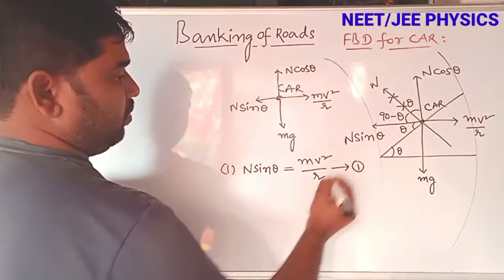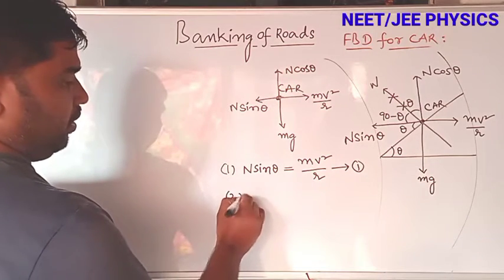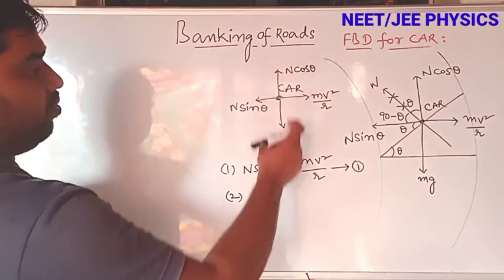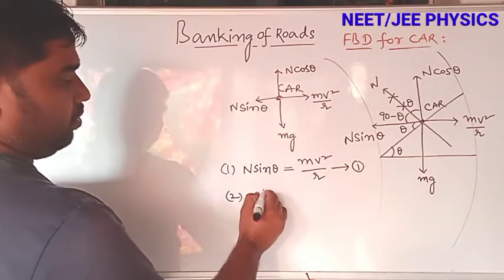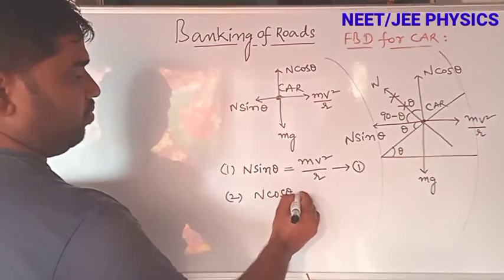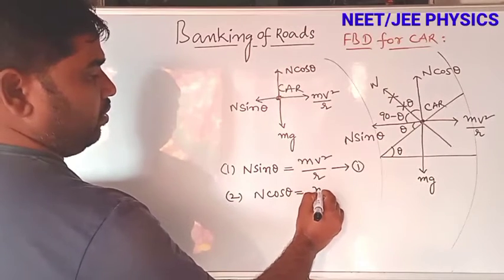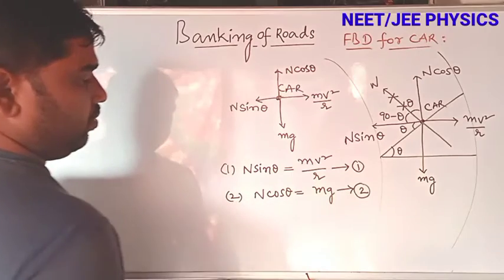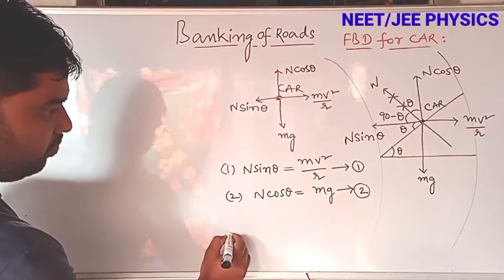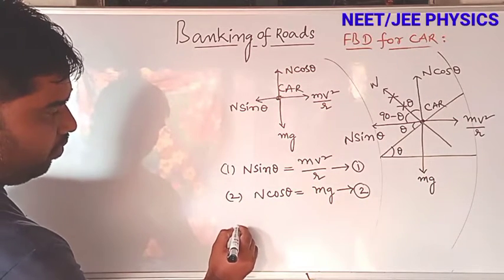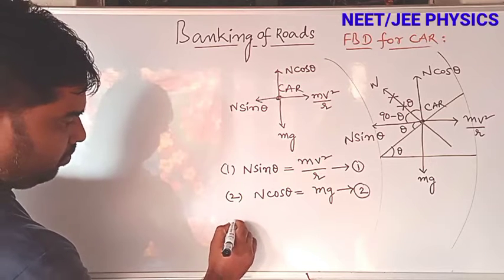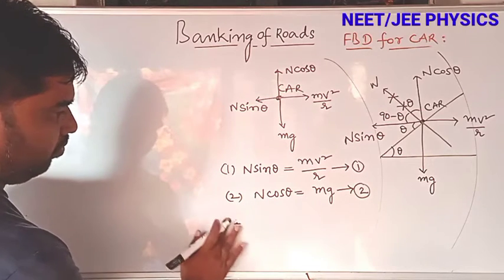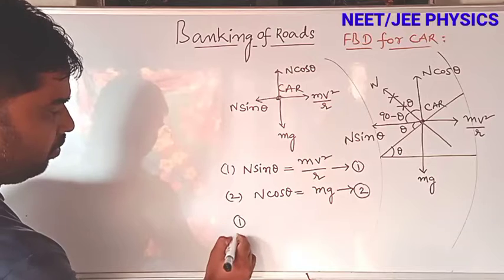Let us take this as equation 1. The second point is n cos theta equals mg, because there is no motion in the upward or downward direction. N cos theta balances the mg, and n sin theta balances the centripetal force.